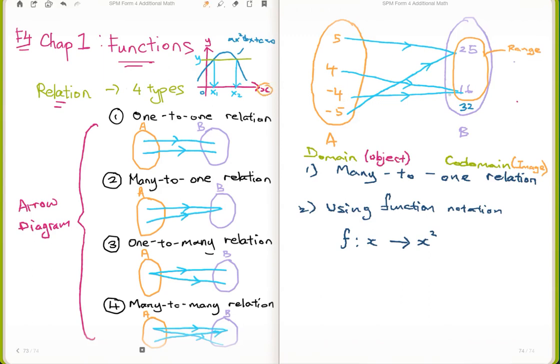They are related somehow. So, if you're using function notation, this is how you're going to do that.